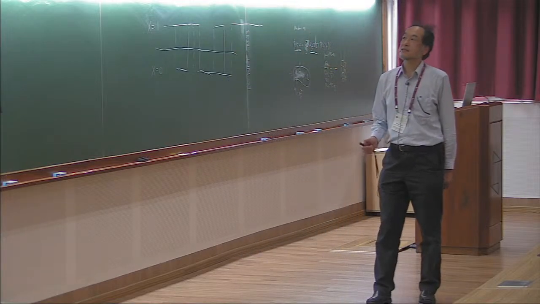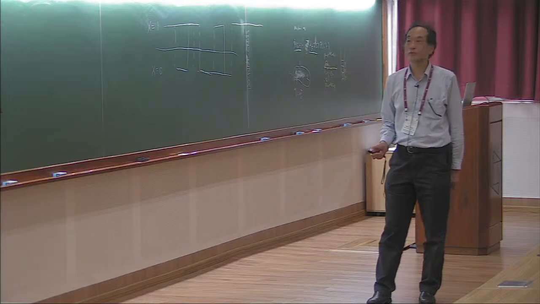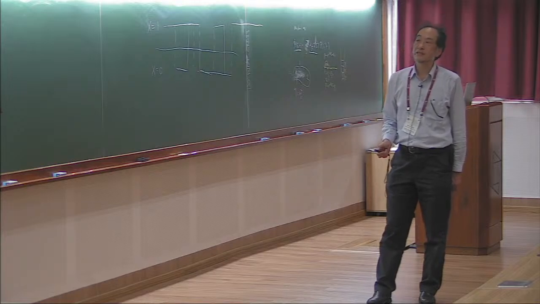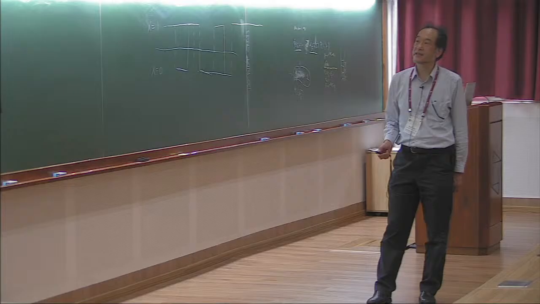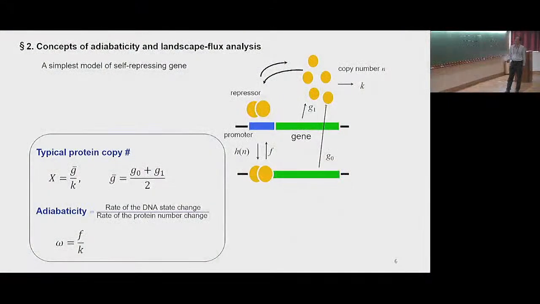An important parameter in this simple model is the typical protein copy number. This is G bar over K, where G bar is the average of G0 and G1. So this is the typical expected protein number.